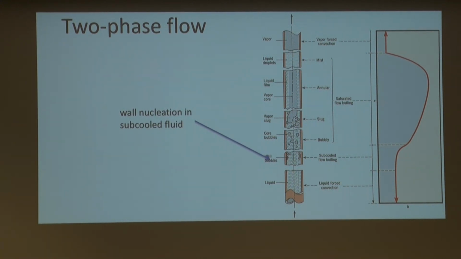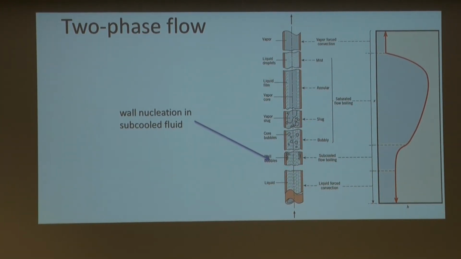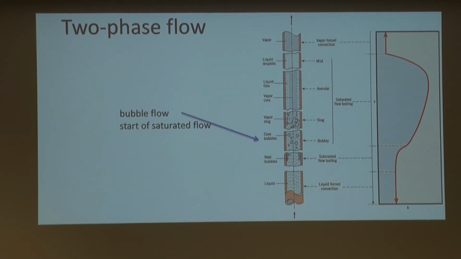So at the beginning, we have nucleation. And the water, if you look at the average temperature, is still below boiling. So this would be subcooled boiling. You have some bubbles on the surface, but overall the liquid is not so hot. Now, we keep moving up in our evaporator. As we go up, we start to get saturated flow.